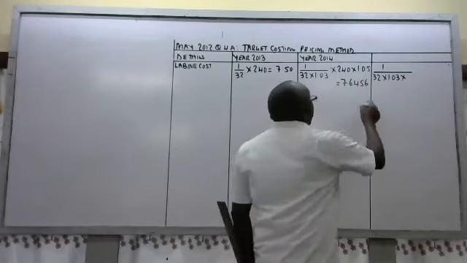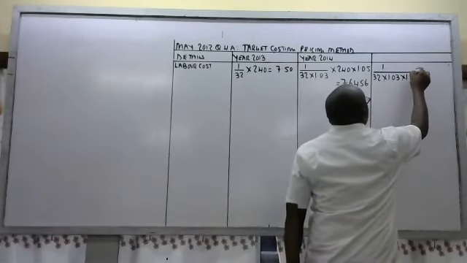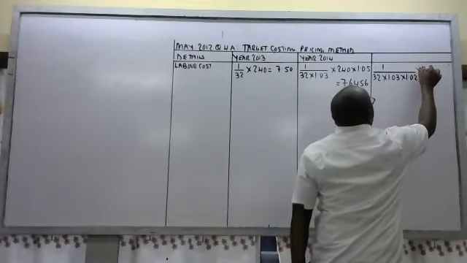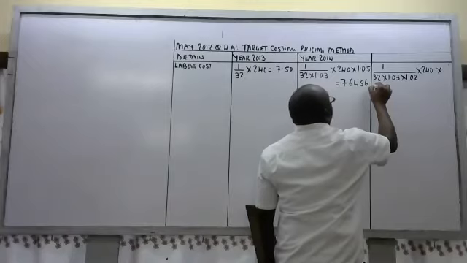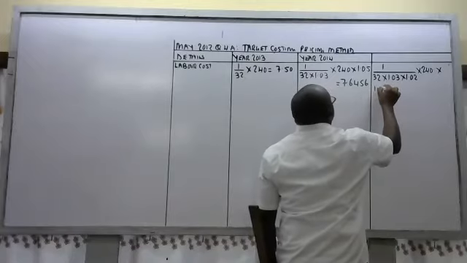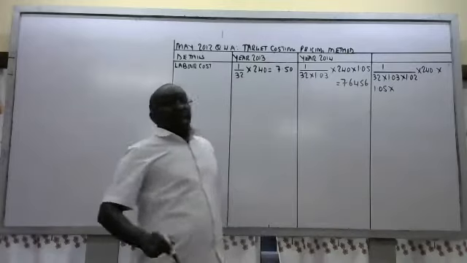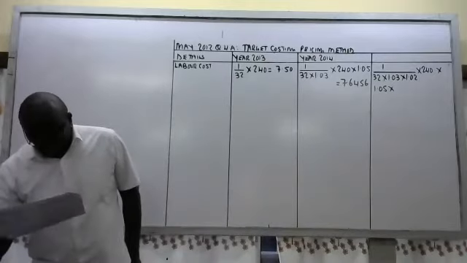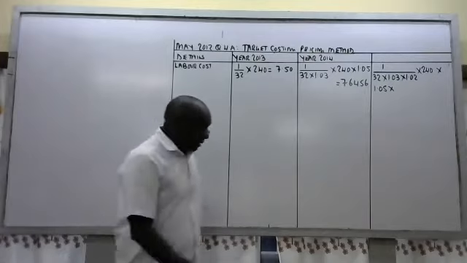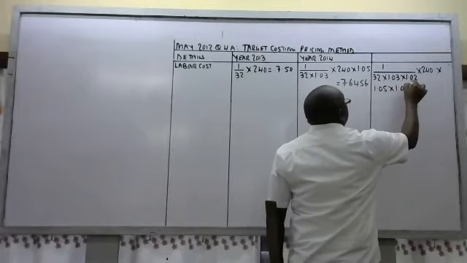So multiply by 1.02. Then you multiply by 240, multiplied by 1.05, multiplied by, the next year they're increasing by 4%. 1.04.